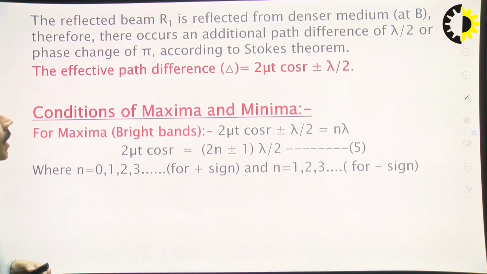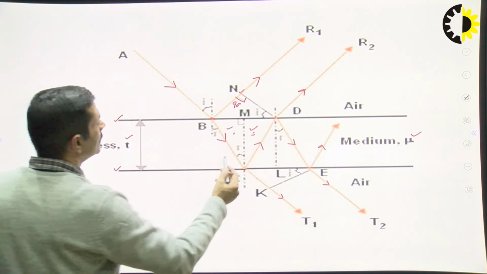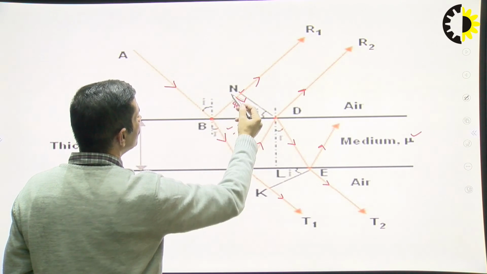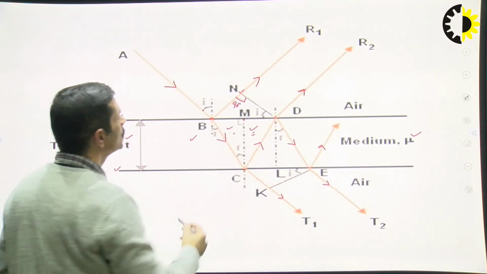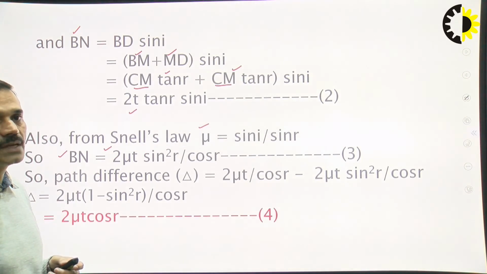Now we have the Stokes theorem in optics. According to that theorem, if a light ray is reflected from the denser medium, it will have an extra phase difference of pi. So in our case, the R1 ray from point B is reflected from the denser medium, so according to the Stokes theorem it will have an extra phase difference of pi.